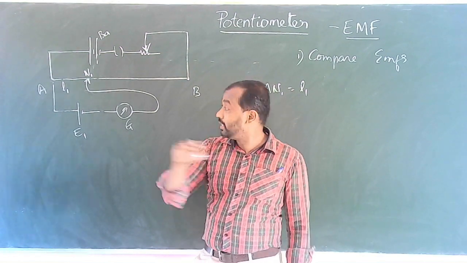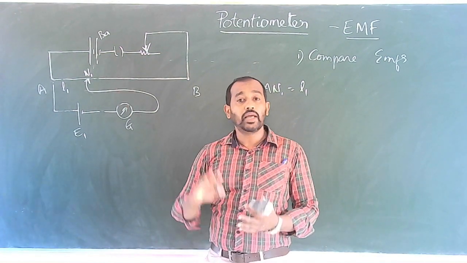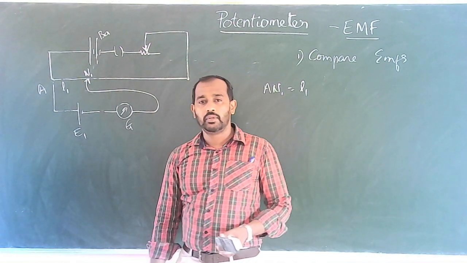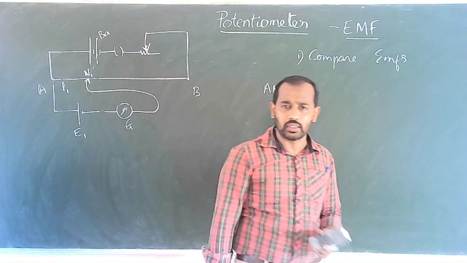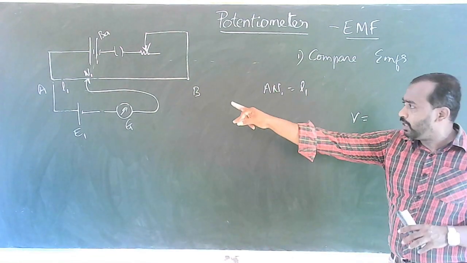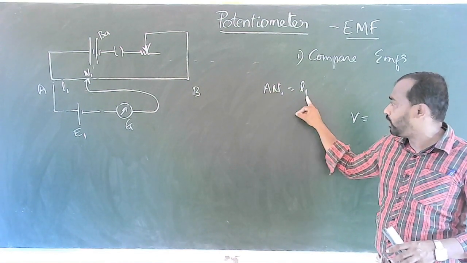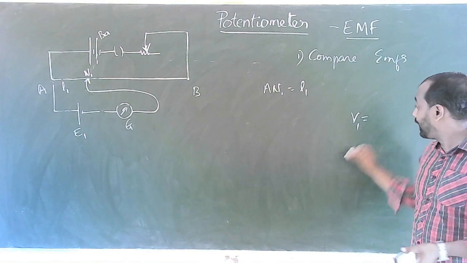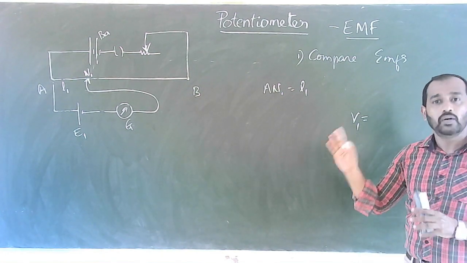We are trying to find out this potential difference, which can be obtained using Ohm's law. The potential drop through a length L1 may be represented as V1. It can be expressed with the help of Ohm's law.